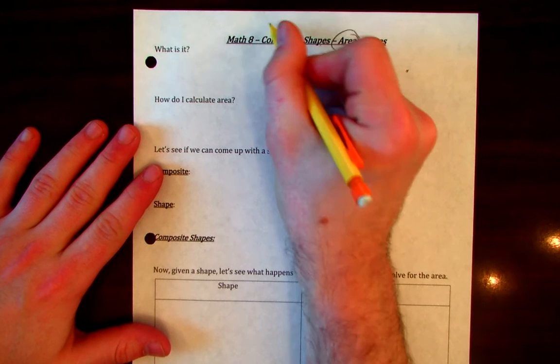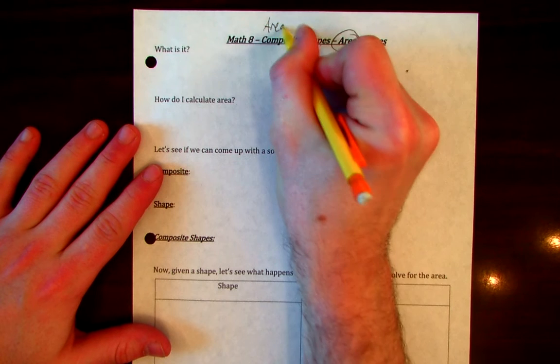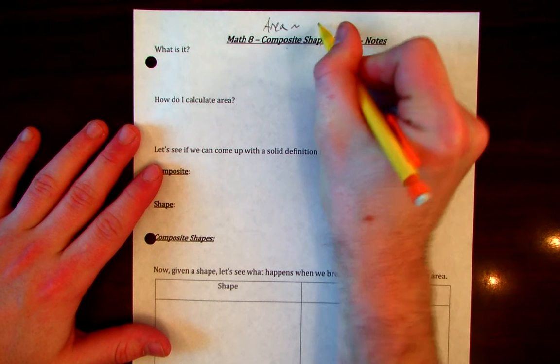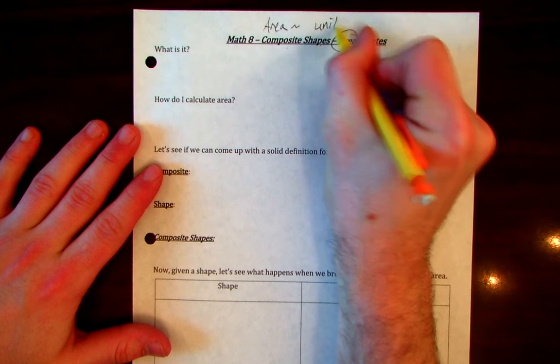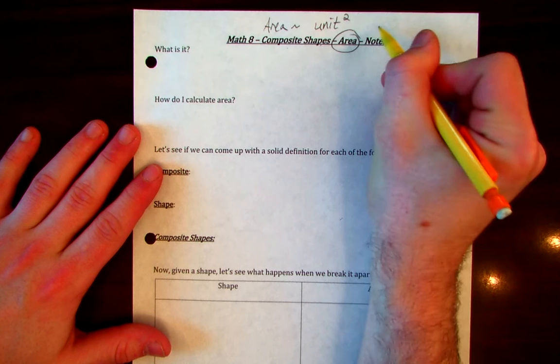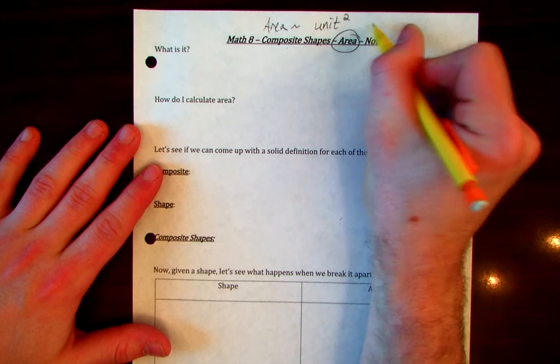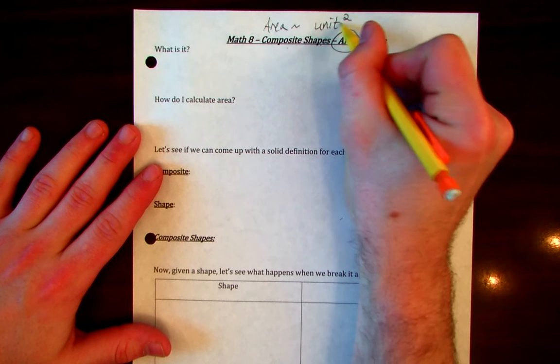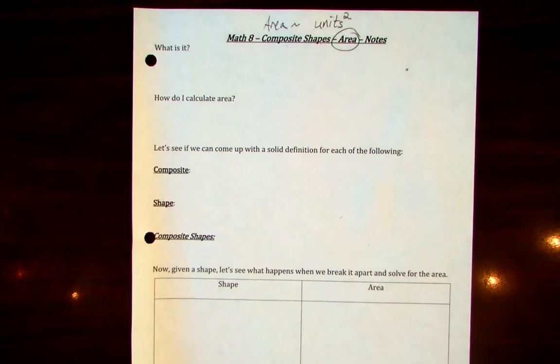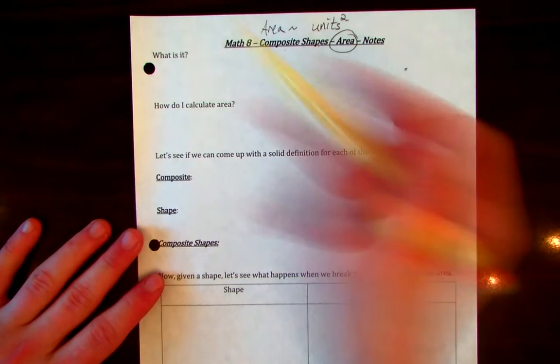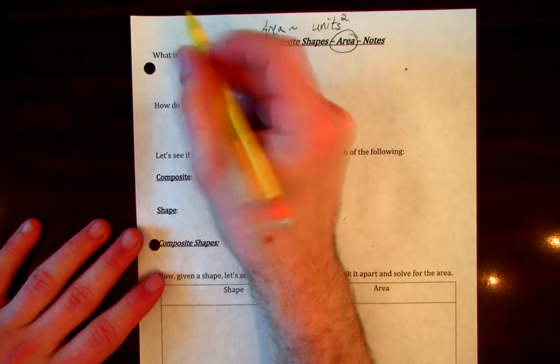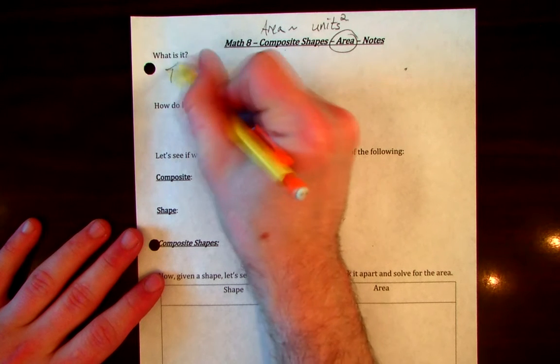And so now if we're talking about area, this means that we're going to have units to the second power. Again, we're going to have units to the second power because we're now going to be multiplying. All right, so what is area?